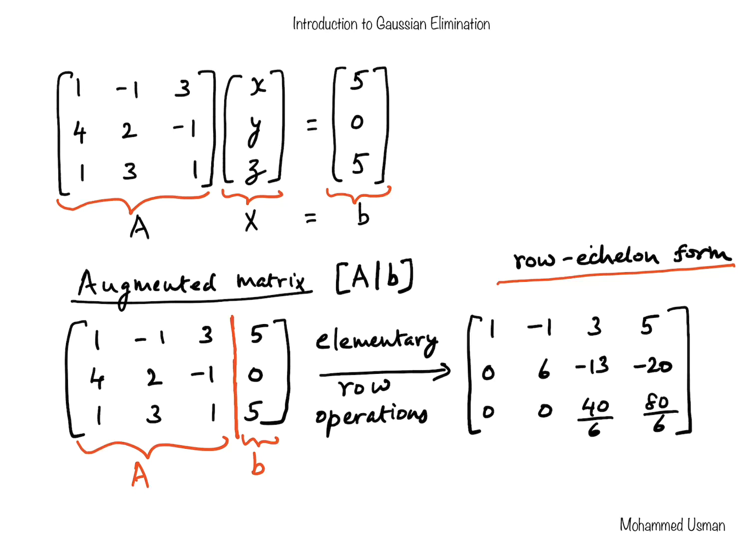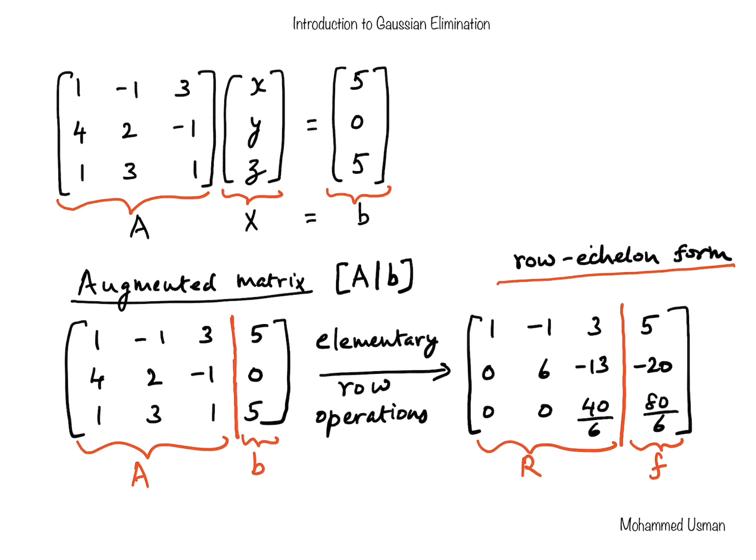Now, if you notice the row-echelon form matrix, it again has two parts, and we'll denote the first part by the letter capital R, and the second part, this vector on the right side, is called F. So the row-echelon form or the row-reduced matrix is composed of two parts.